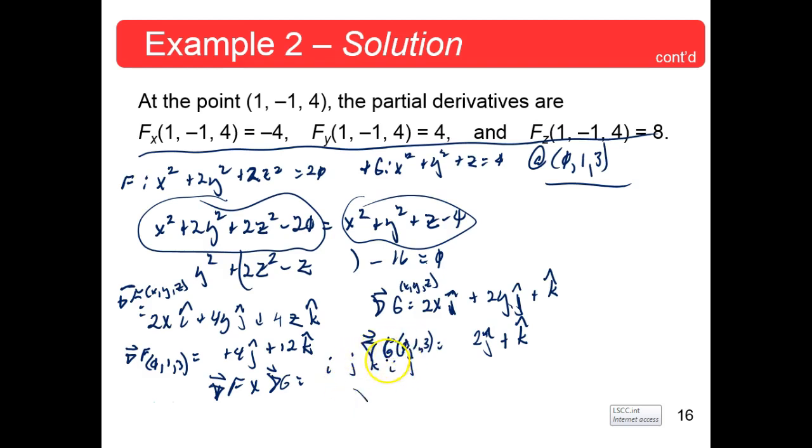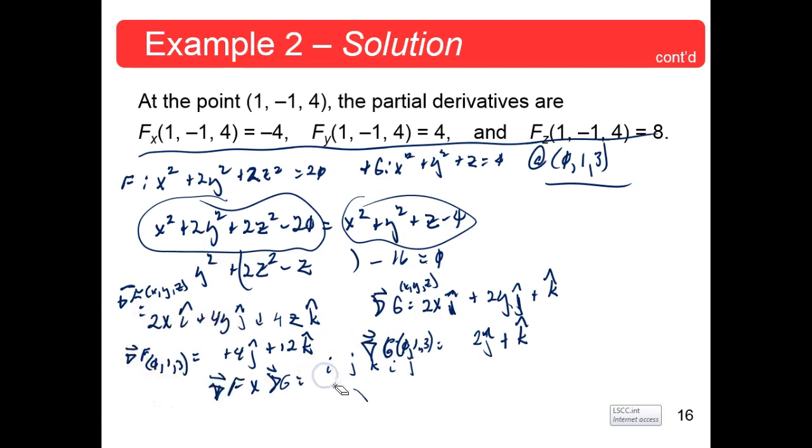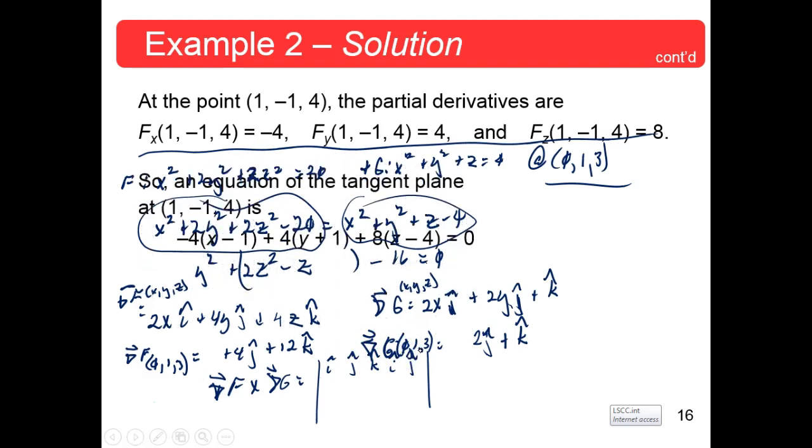This makes it look like a determinant, but you don't have the same number of columns and rows, but you get the general idea.